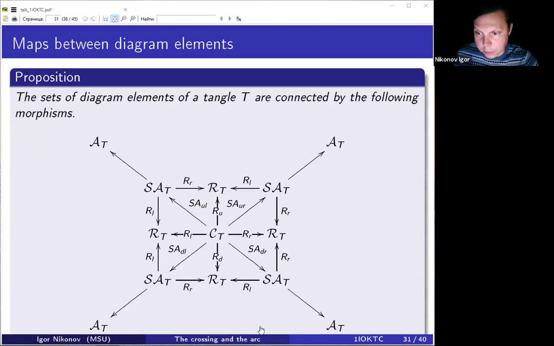And so these sets of isotopic classes of arc probes, crossing probes are connected by natural maps, because if you have a crossing, you have incident arcs, semi-arcs, incident regions, and on the level of probes, you have the same maps.